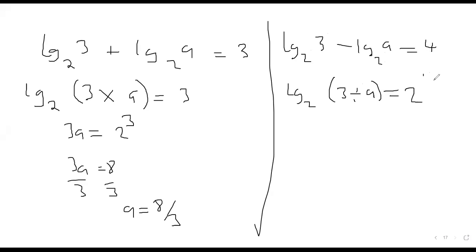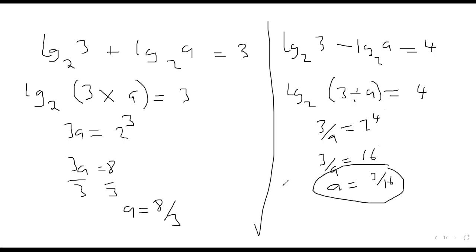Here we have 4, which becomes the power, so it will be 3 over a is equal to 2 to the power 4. So 3 over a is equal to what? 16. So here, our a will be 3 over 16. So this is how we evaluate.